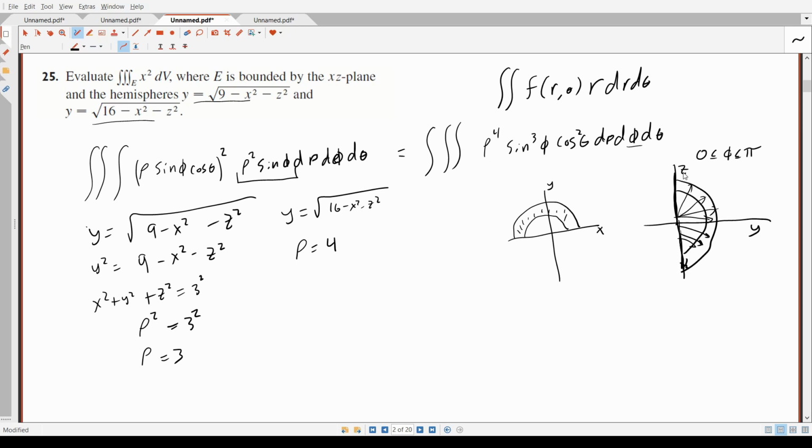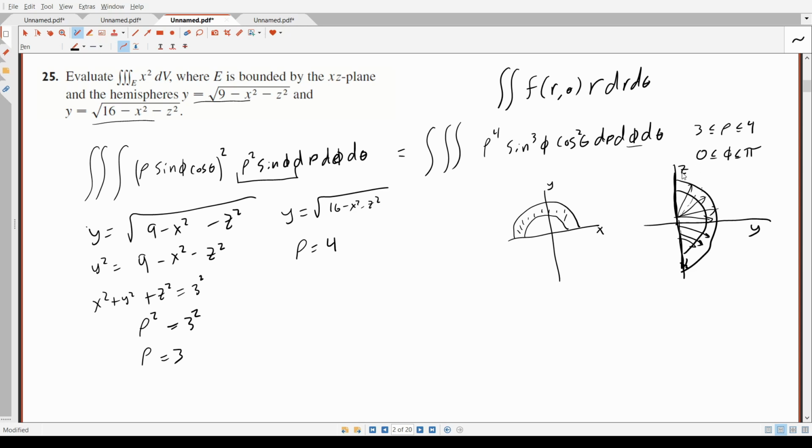So we see that it goes from 0 all the way around to pi. We know that the radius is going to describe this region here. The minimum radius at each of these angles is 3, and the maximum radius is 4. So we have 3 is less than or equal to rho, less than or equal to 4.